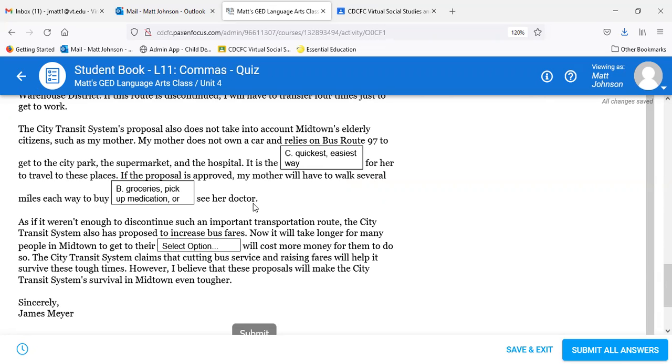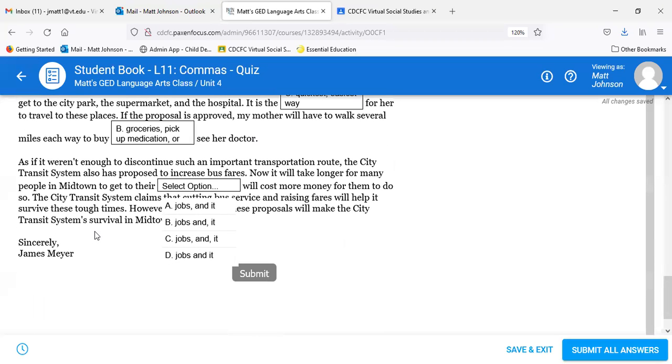"As if it weren't enough to discontinue such an important transportation route, the city transit system also has proposed to increase bus fares. Now it will take longer for many people in Midtown to get to their jobs, and it will cost more money for them to do it." Christiana, we'll try this one.